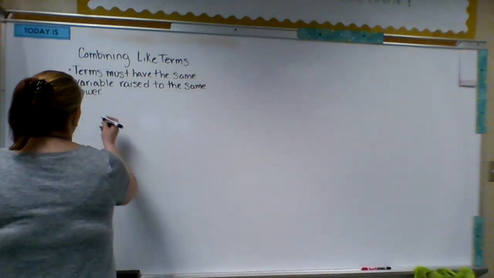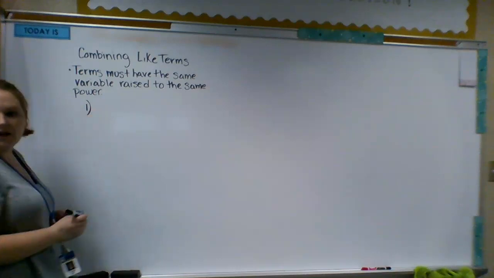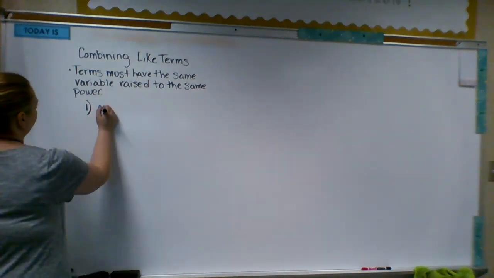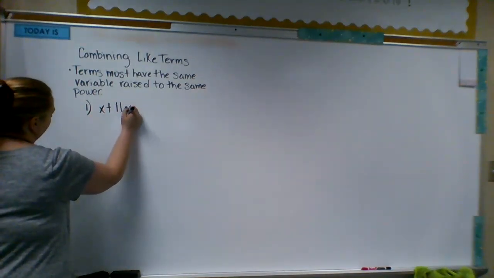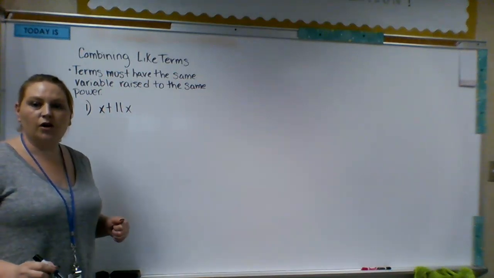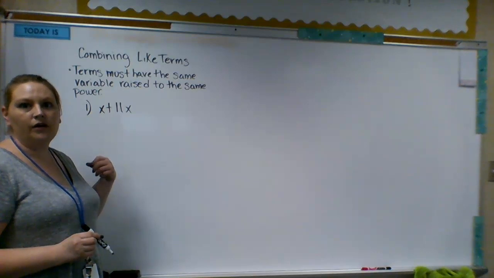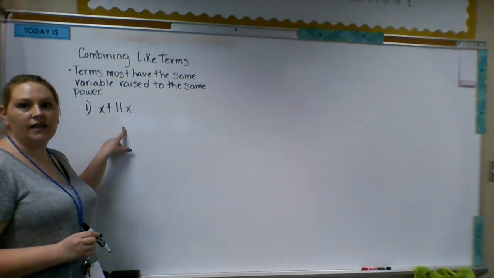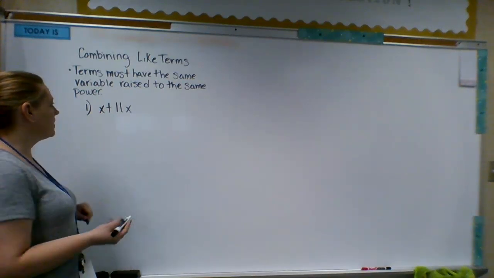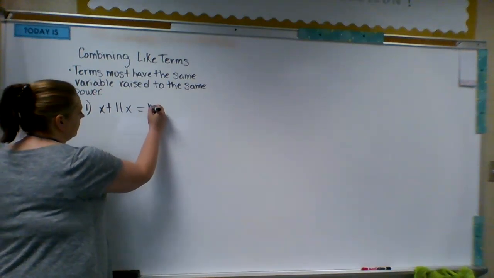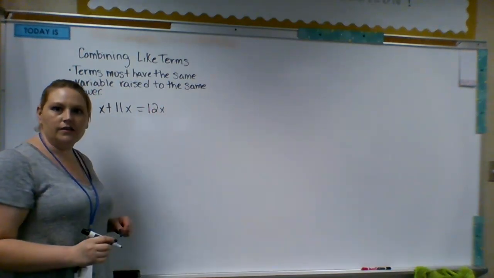First example, I have x plus 11x. So I have the same variable, x, raised to the same power, so I can add these together. x plus 11x gives me 12x.